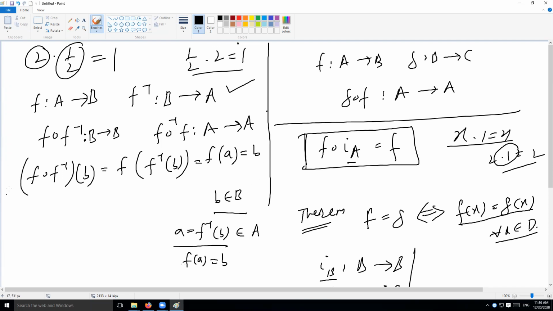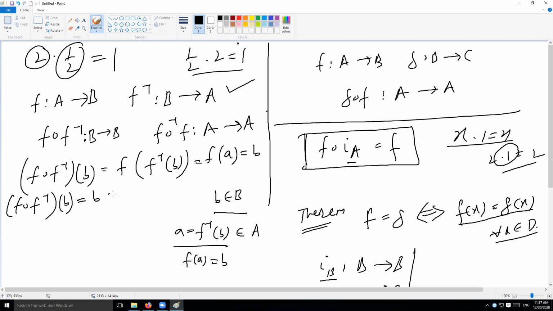So we got an interesting conclusion. When I'm substituting f into f inverse, and I'm substituting any b into it, it is returning b to me. It's returning the same object to me.